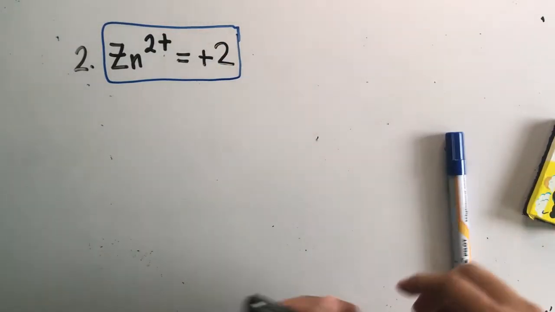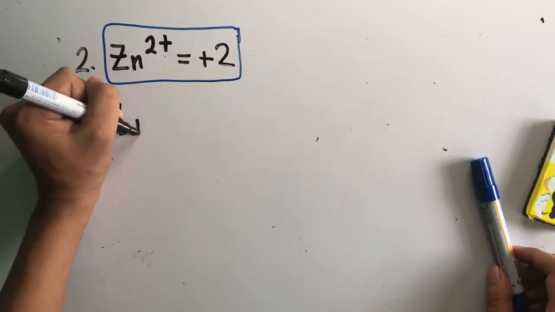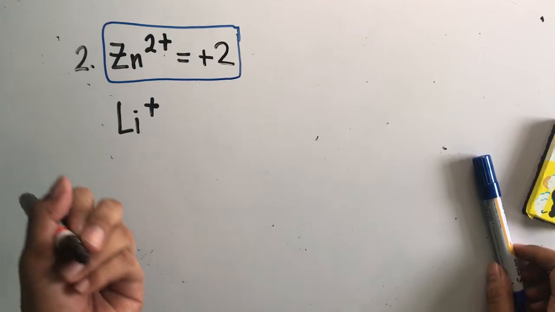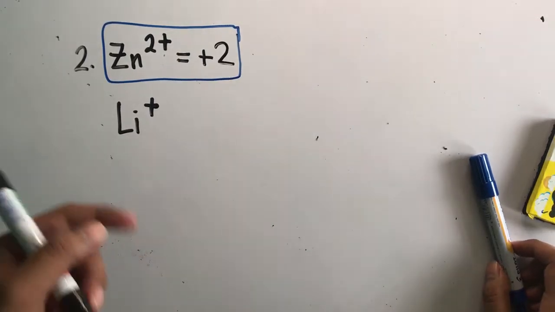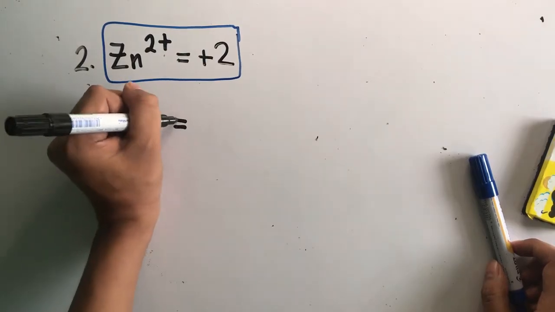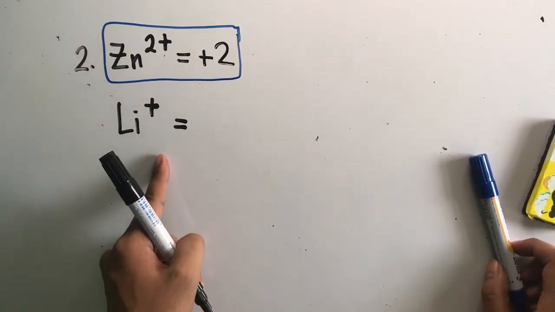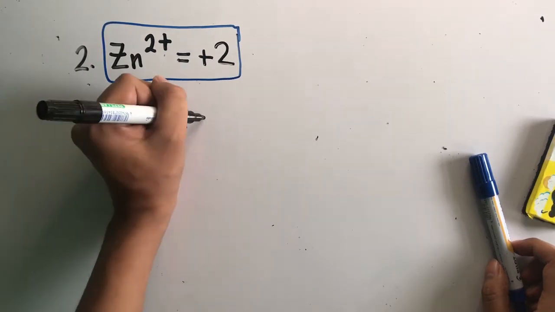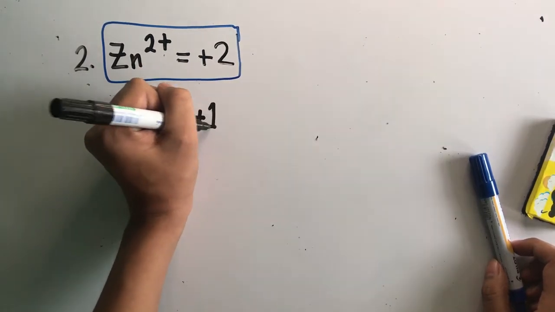So, say for example, you have Li plus. So, according to rule number 2, if an ion has a charge, kung ano yung charge, yun din ang oxidation state. Okay, so since positive 1 to, so you have positive 1.